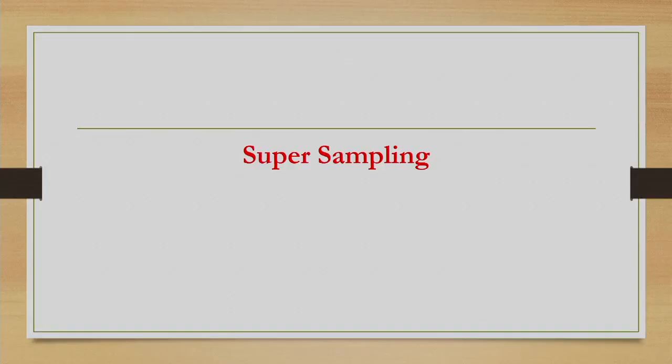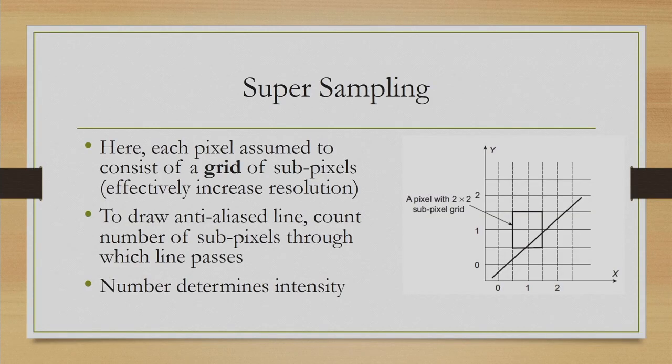Now, let us try to understand the other broad class of anti-aliasing techniques known as super sampling. In super sampling, each pixel is assumed to consist of a grid of subpixels. In other words, we are effectively increasing the resolution of the display.